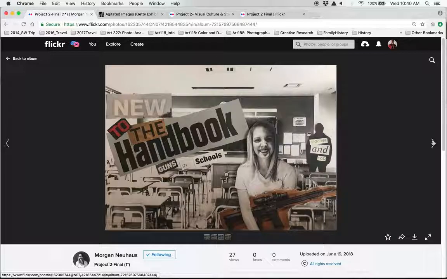Now the transition we have here is with the figure in the background, and we still have new to the handbook, guns in schools, and then you have teacher and cop. So now it seems to me, speaking about that role, which I think is the interesting dialogue of that, a teacher and a cop, those are two very different roles in society and two very different goals.